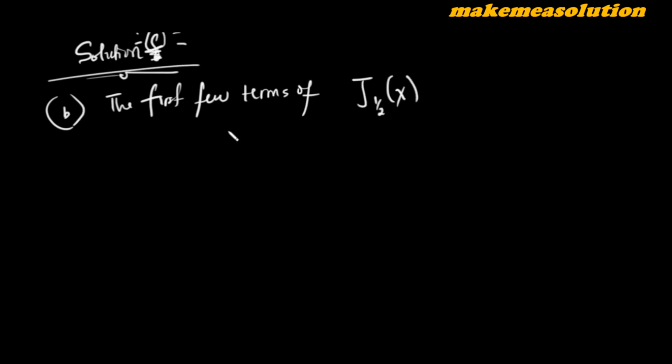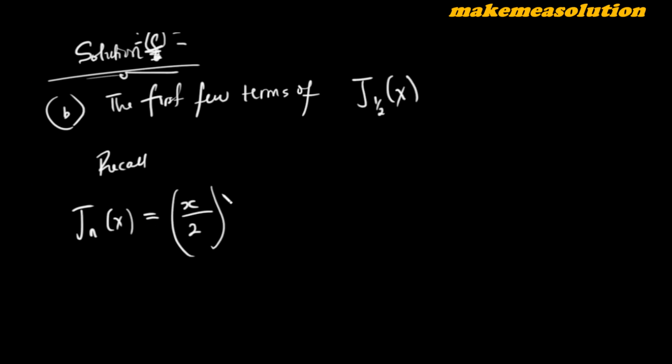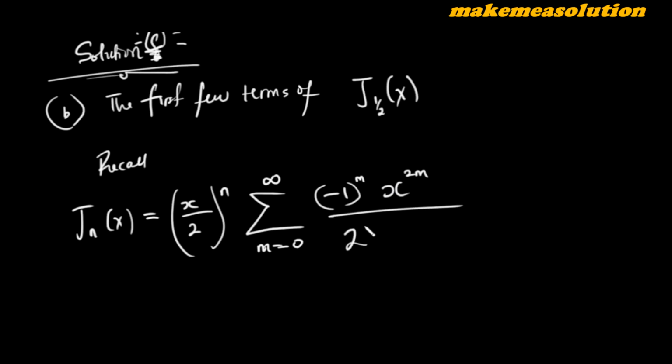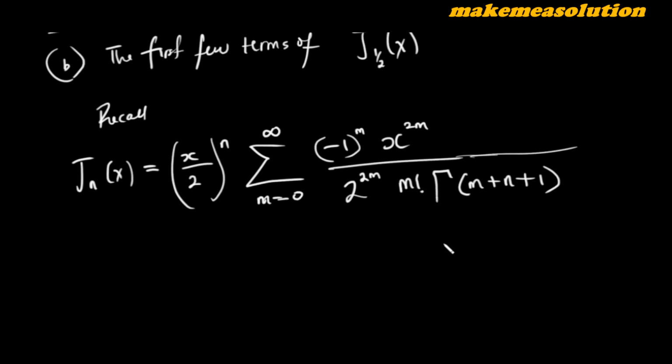In this part, you need to recall that our J_n(x), that's our nth order Bessel function, is (x/2) raised to the power of n, times the summation from m equals 0 to infinity of (-1)^m x^{2m} over 2^{2m}, m factorial, then gamma of m plus n plus 1.